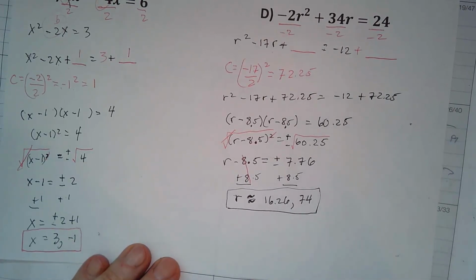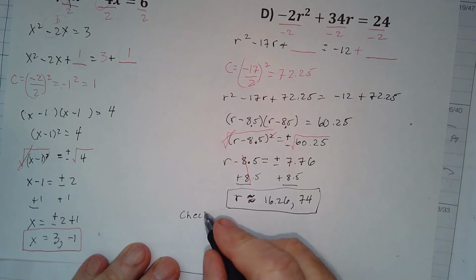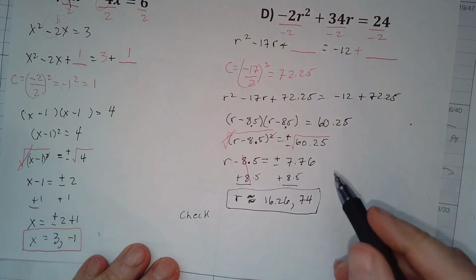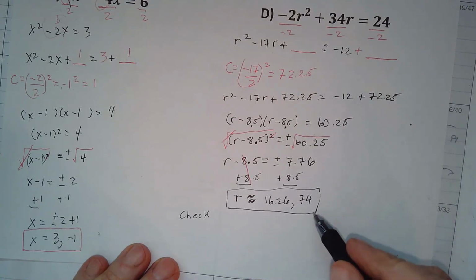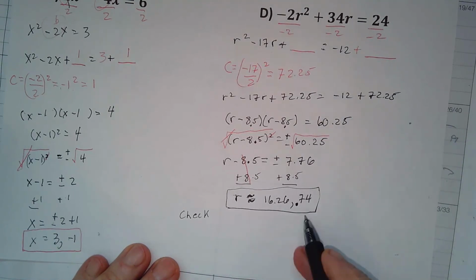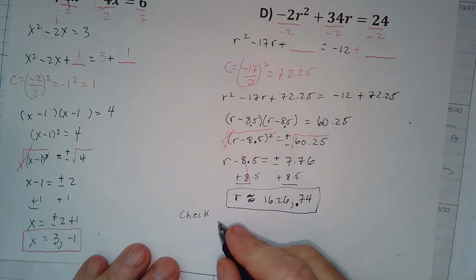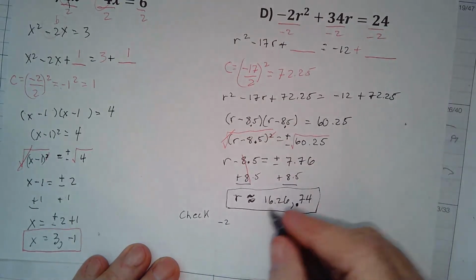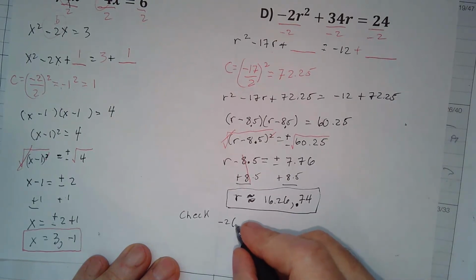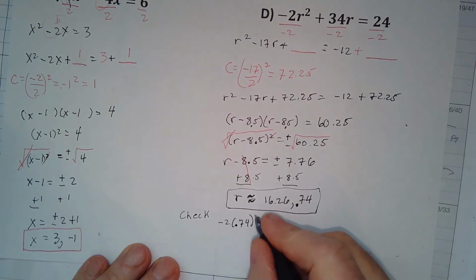Now, if you aren't sure, check. How would we do that? Let's just take the second answer, 0.74. I would check both of them, but for the sake of it, let's take negative 2 times r, where r is 0.74, and we want to square that.